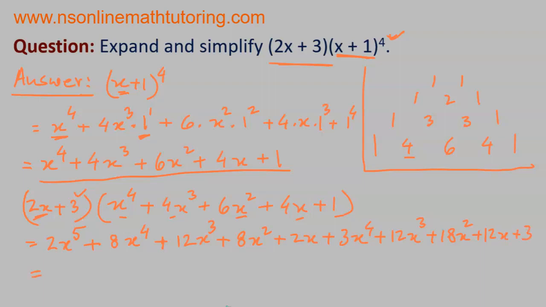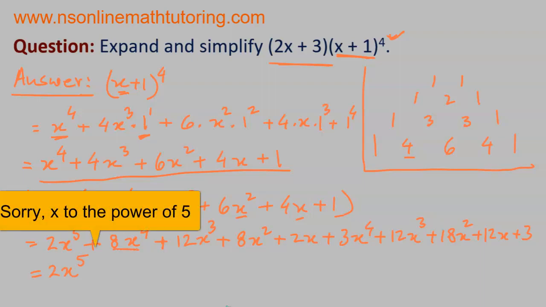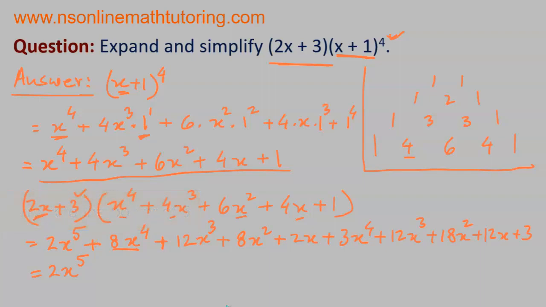And now coming to the simplification part, we have to group the like terms. 2x to the power of 4 and 8x to the power of 4, and over here we are having 3x to the power of 4. Okay.